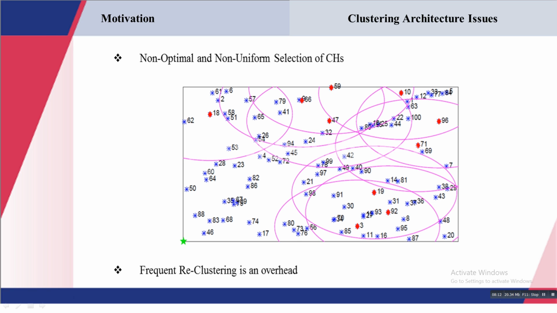And the second problem is that frequent reclustering has to be done, so that no particular node dies earlier as compared to the rest of the nodes.